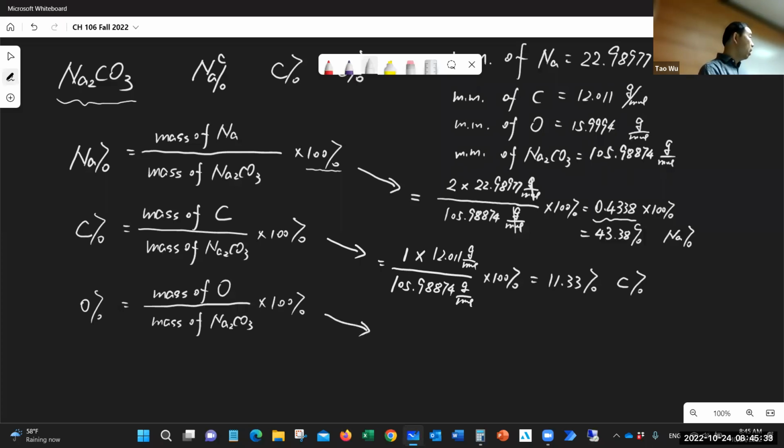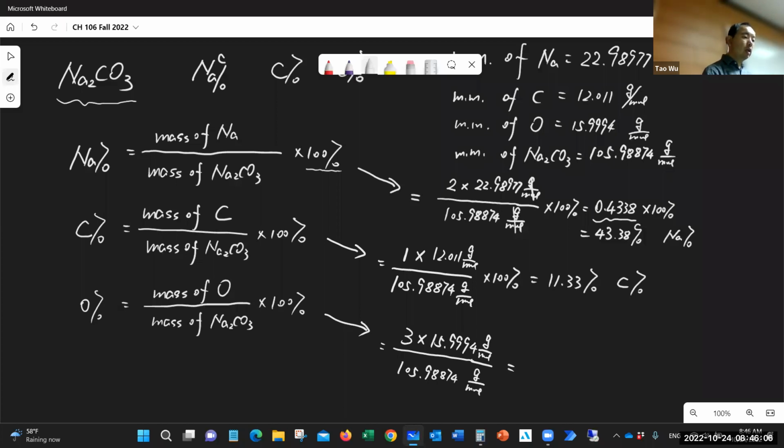Same thing for the oxygen. But first of all, you see how many oxygens are in this formula? We have 3, right? So you have 3 times the molar mass of oxygen, 15.9994 grams per mole, divided by the total mass of the sodium carbonate, 105.98874 grams per mole.